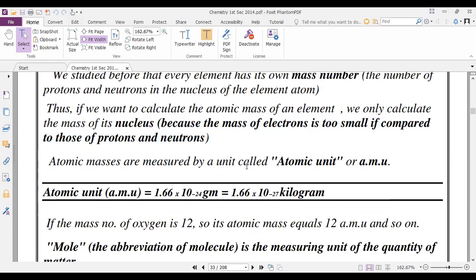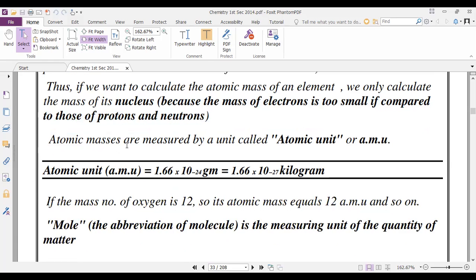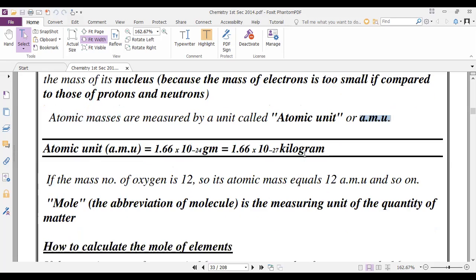Okay. So atomic mass is measured by a unit called AMU, atomic mass unit.